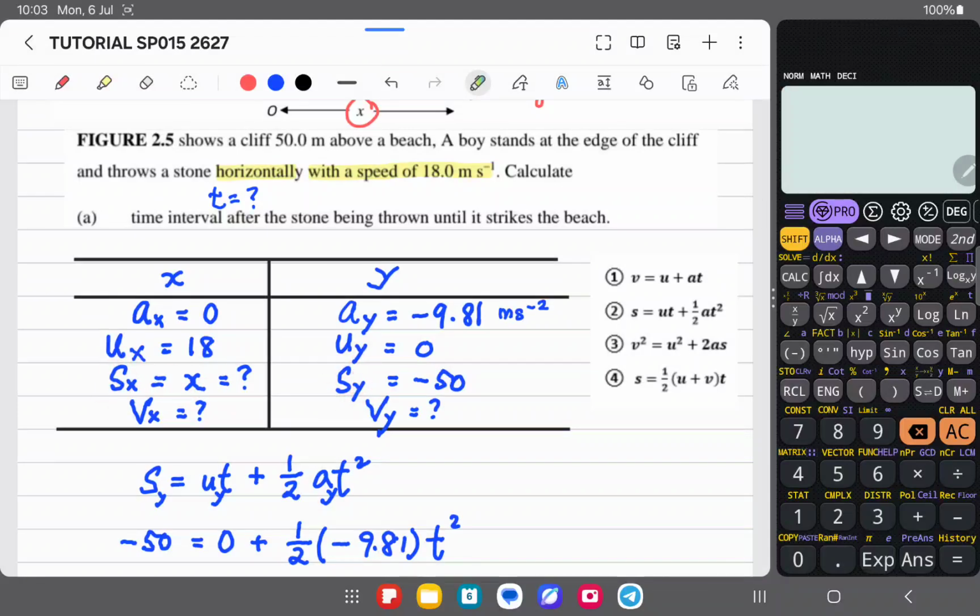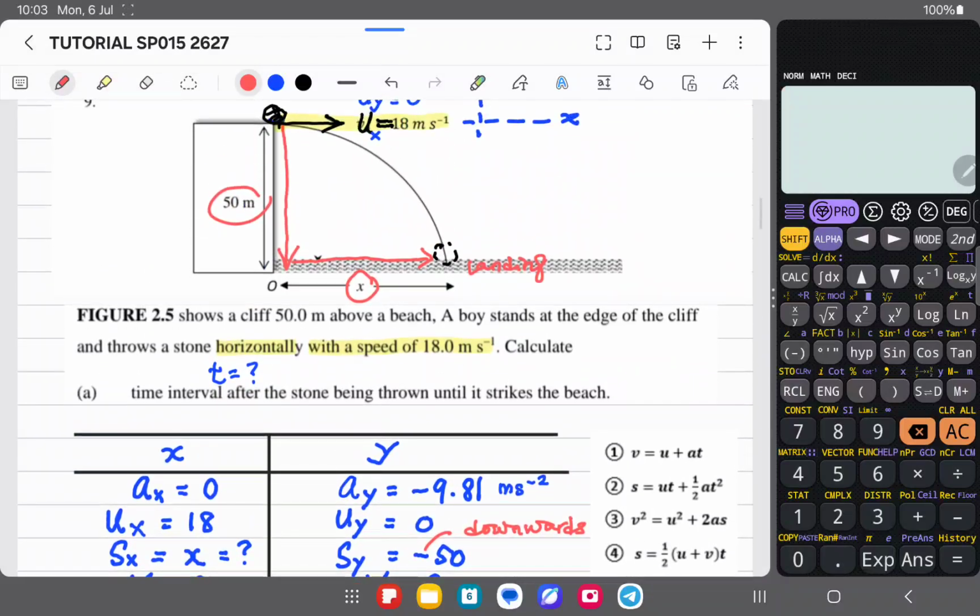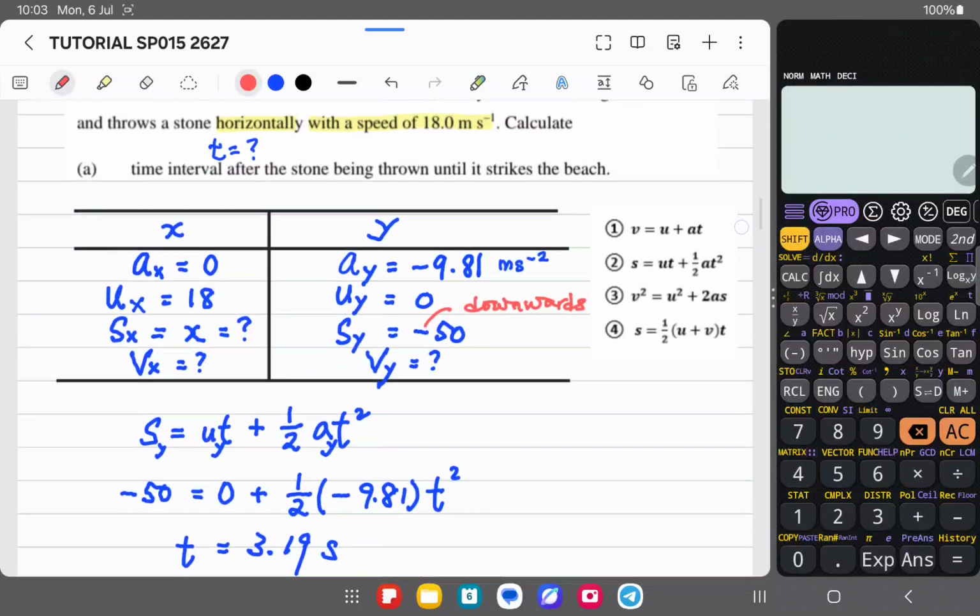Our vertical displacement will be negative 50. Why negative? Because the stone is moving downwards. Then what is the speed when the stone lands on the beach? That one is also unknown. So we have Vx unknown, Vy also unknown.